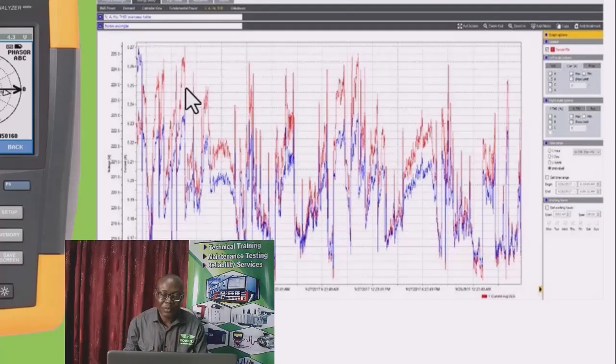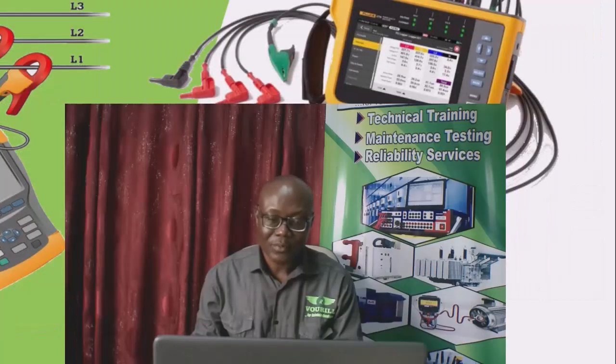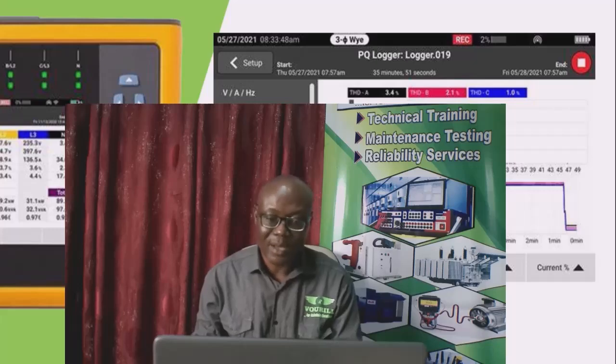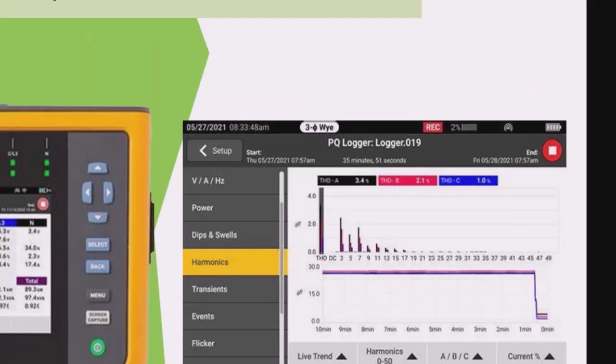But to make it make some sense to us, we can press the harmonic button on the analyzer. As you can see here, this is harmonics. If you press it, you have something like this.